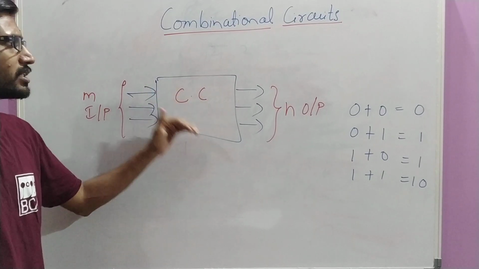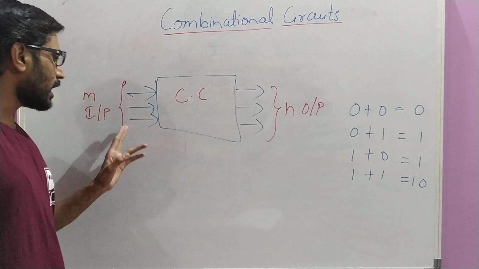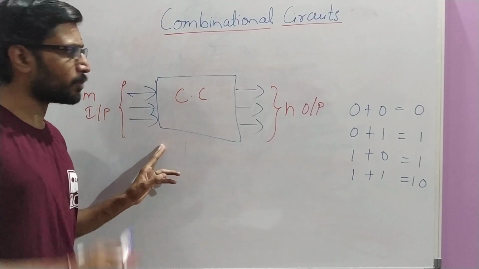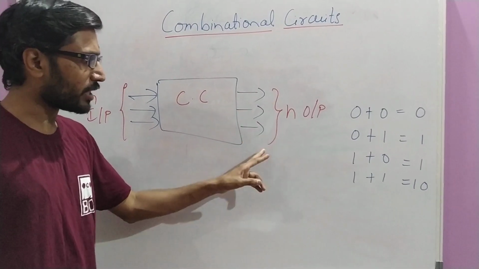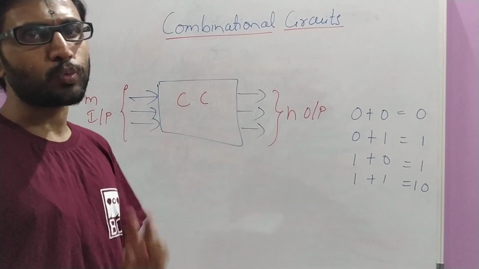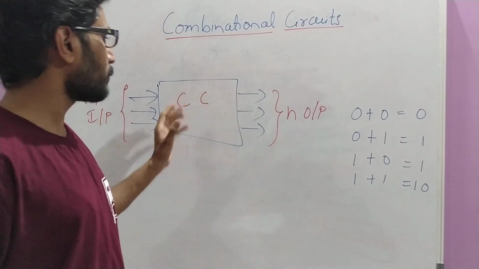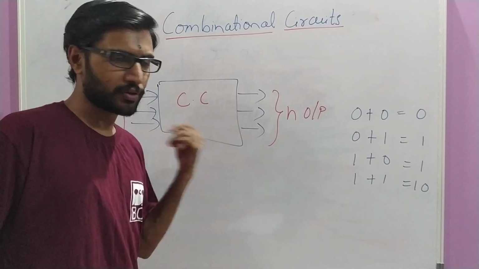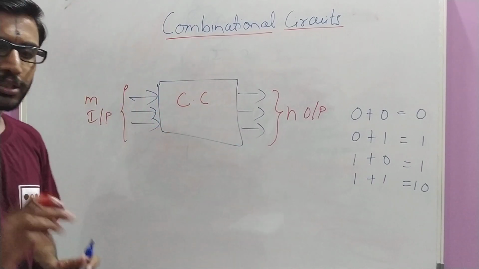This is the basic fundamental concept. And since we are talking about digital systems, the input variables and output variables can only take two values, zeros and ones, because everything is represented in binary. So this is the basic block diagram of combinational circuits.